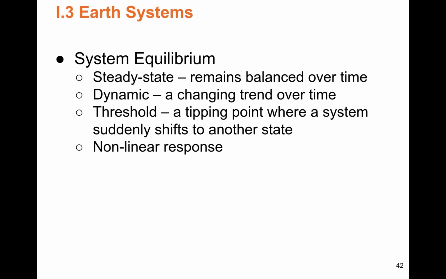And that's an example of a nonlinear response because the response wasn't linearly related to the input. So the input was small and nothing happened, small and nothing happened, and then suddenly something happens. So a lot of natural systems exhibit nonlinear responses.